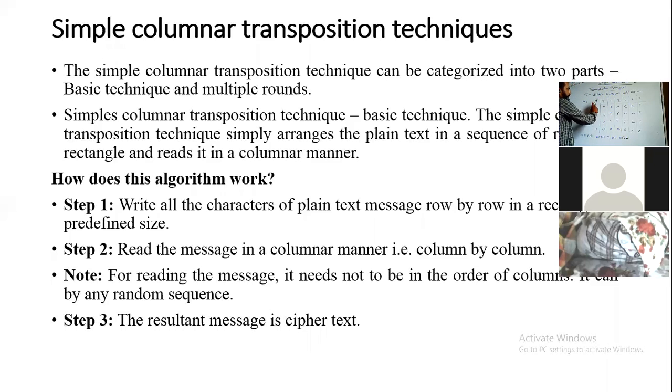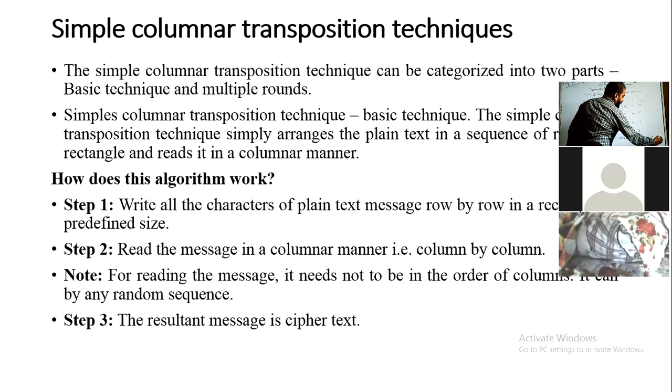After 4, we read column number 5: C O I X. Then 6: K N L Y. Then 7: P E T Z.